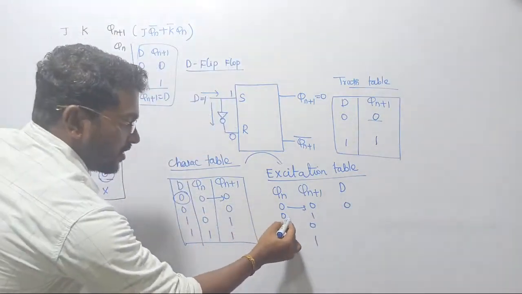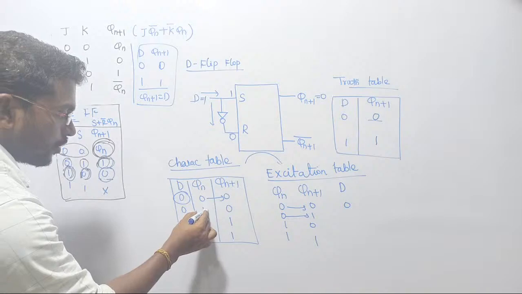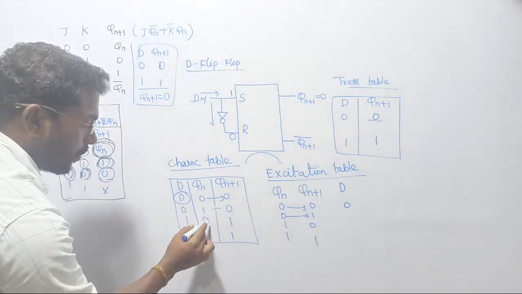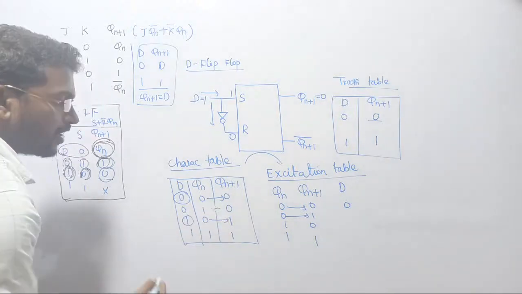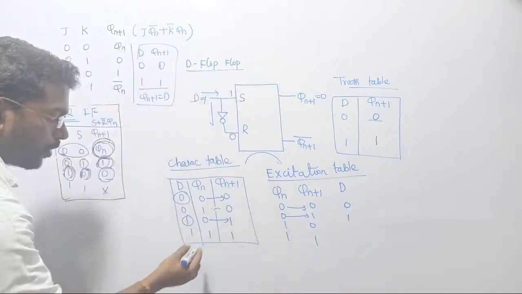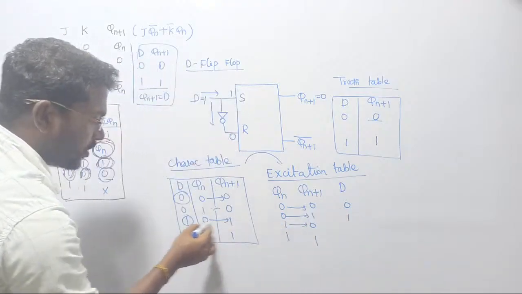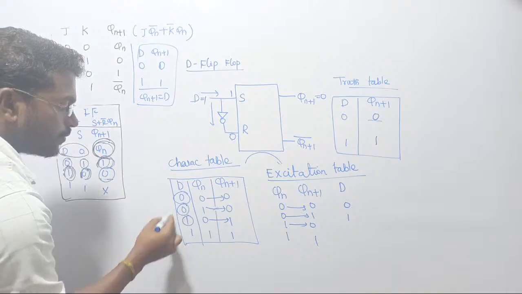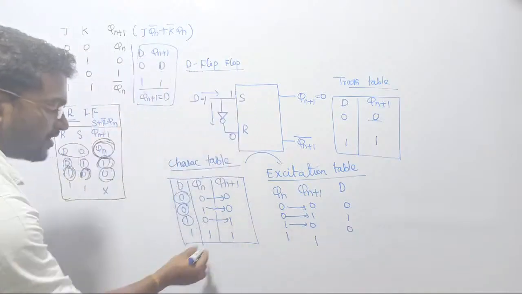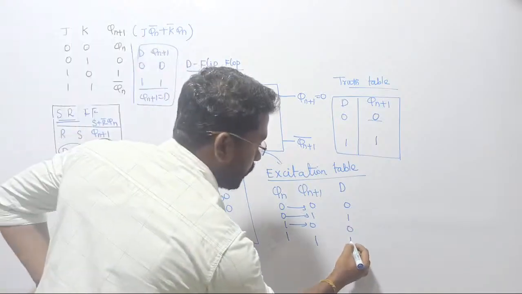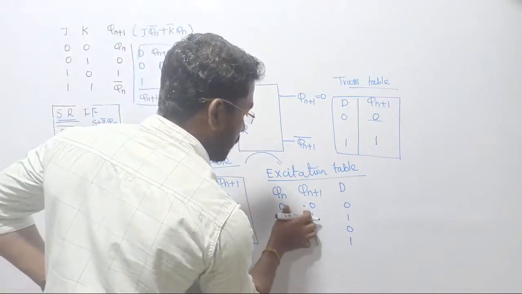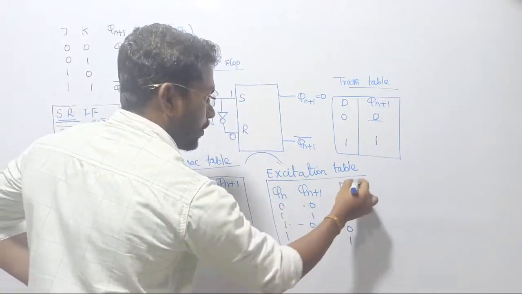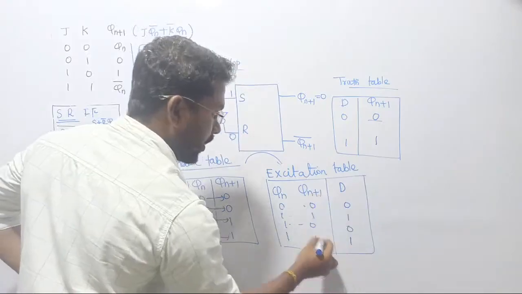Now past is 0, present becomes 1. Corresponding input is 1, of course. Now past is 1, present is 0. Corresponding input is 0. Past is 1, present also will become 1. Corresponding input is 1. This is the excitation table of the D flip-flop.